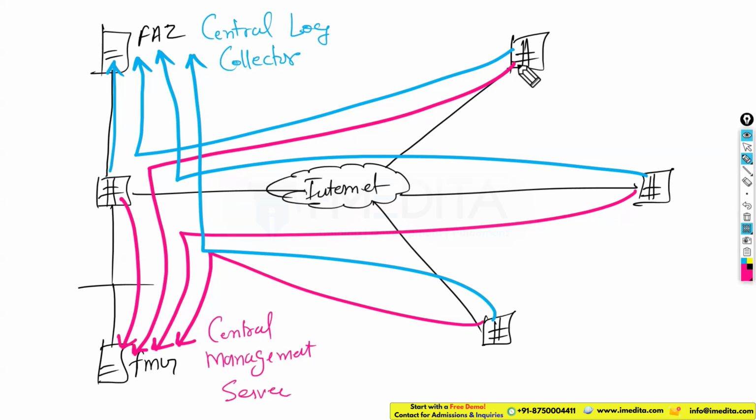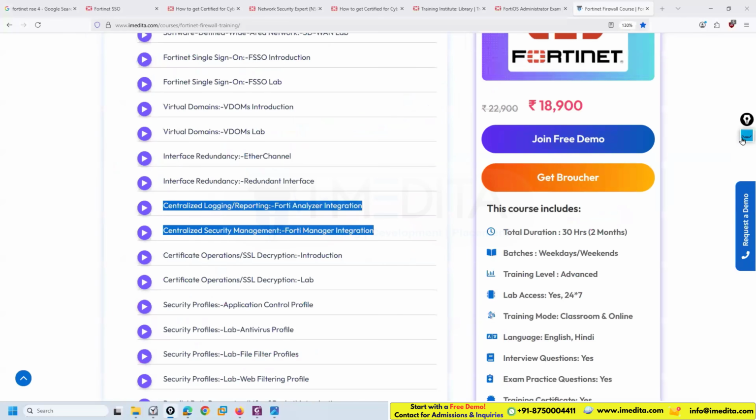So you can store all firewall logs at a central device, that will be the analyzer, and you can manage all the firewalls with a single device, which will be called FortiManager. We will learn how to add firewalls to the analyzer and manager and how to do configuration from the manager to multiple firewalls. So we will also learn this thing.